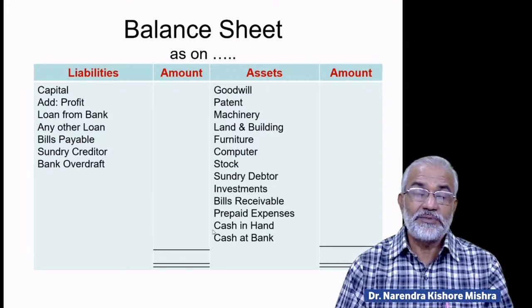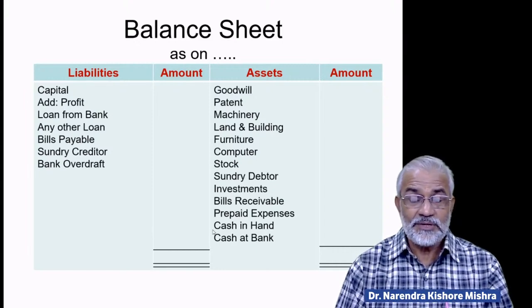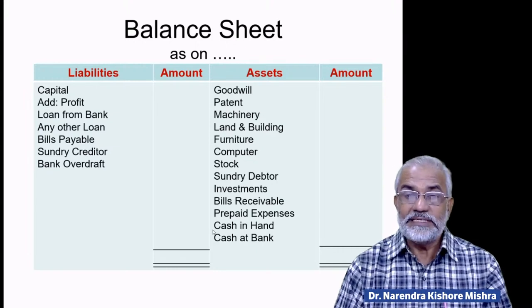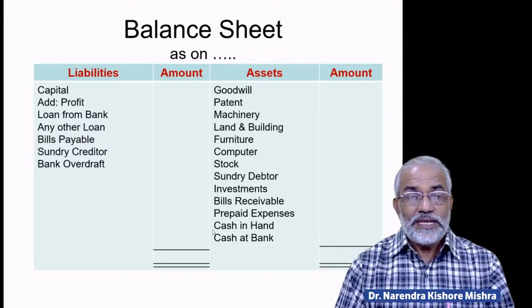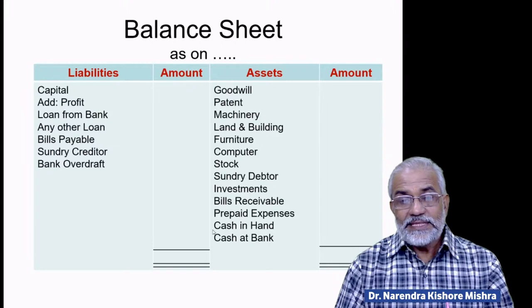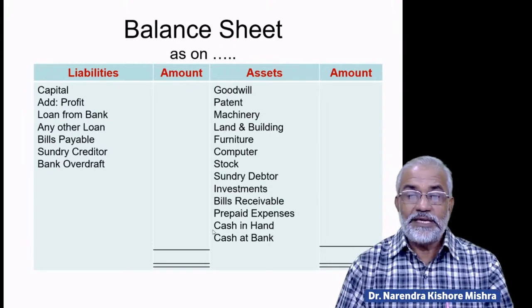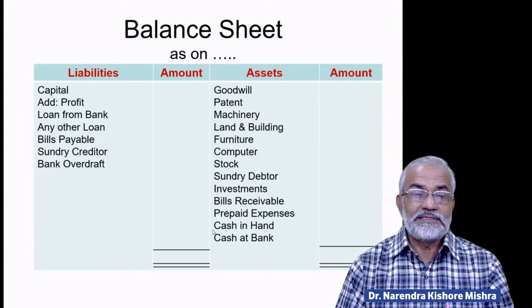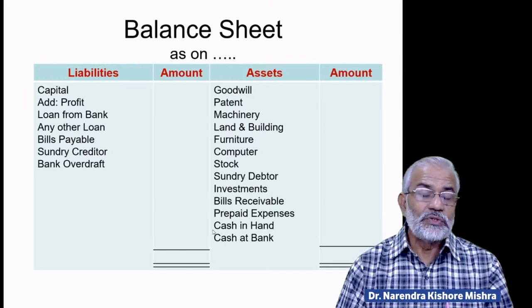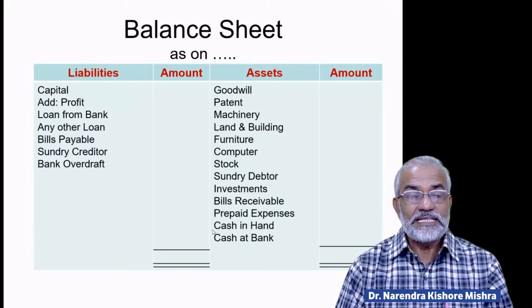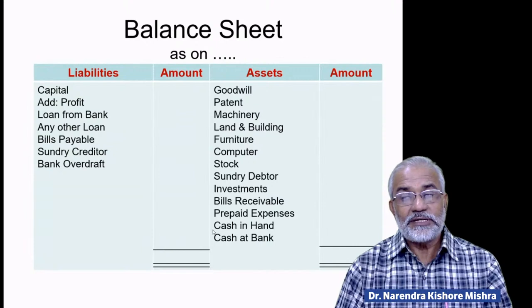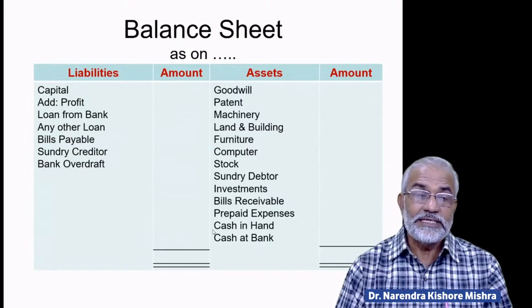The credit column of the trial balance consists of items of income and liabilities. So when we are preparing the balance sheet and picking up the items of liabilities, then we must look to the credit column of the trial balance, because the credit column consists of liabilities only.